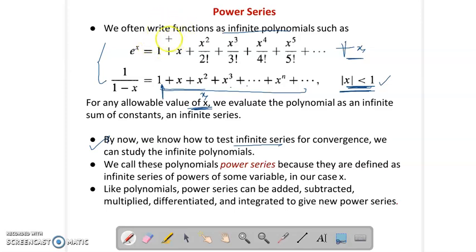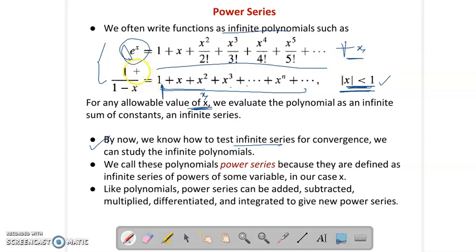Now we will also see an important application of power series, that there is a category of functions. So this is a function e to the power x, right? There is a class of functions which can actually be represented in the form of a power series.